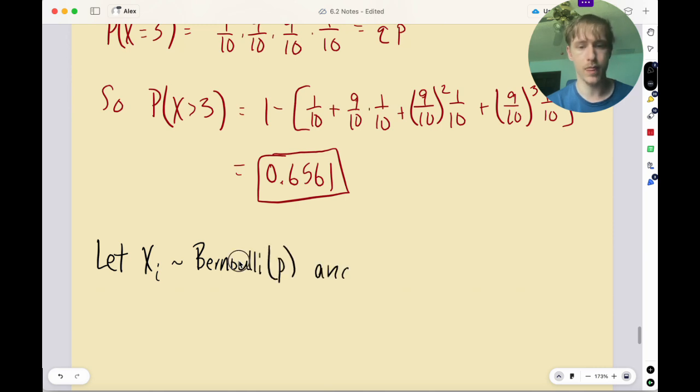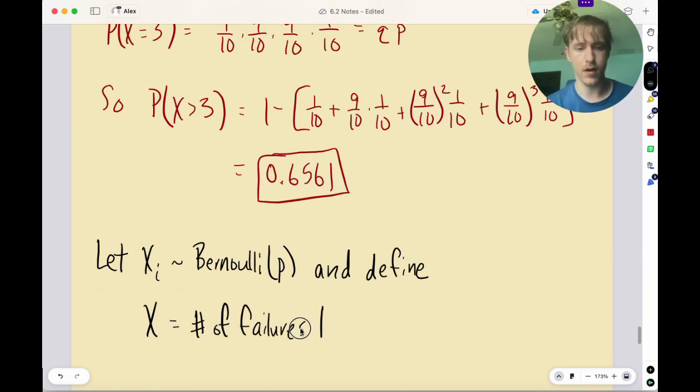And this time, we're going to define the random variable x as the number of failures before the first success. So it's essentially a number of trials, not the total number of trials, because that could be infinite, but just a number of trials.